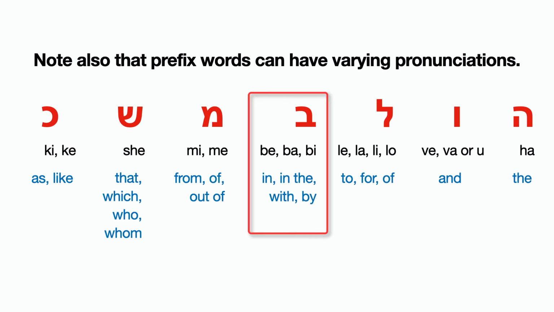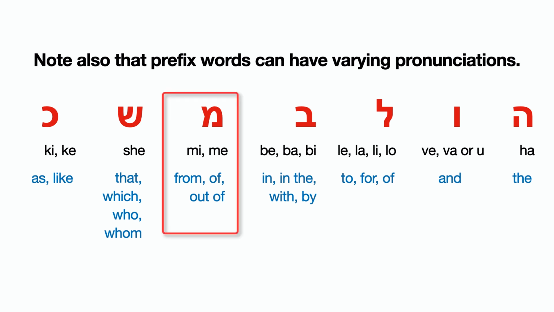Now for the Hebrew word that means in the, with, or by, it is spelled with a bet, and it could be pronounced as be, ba, and sometimes as bi. The Hebrew word that means from, of, or out of is written with the letter mem, and it could be pronounced as mi or me, depending on the situation.